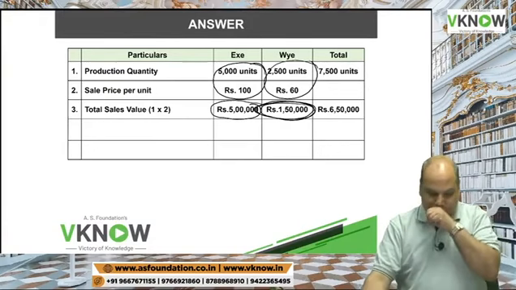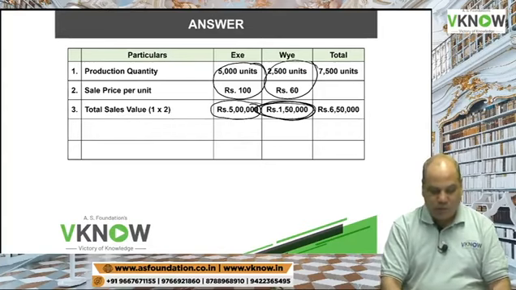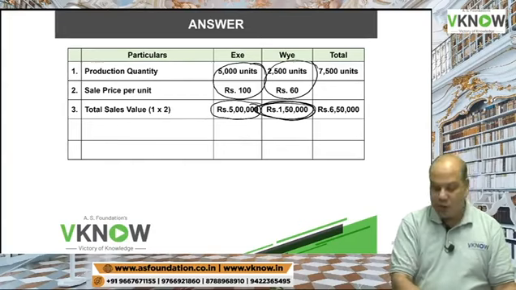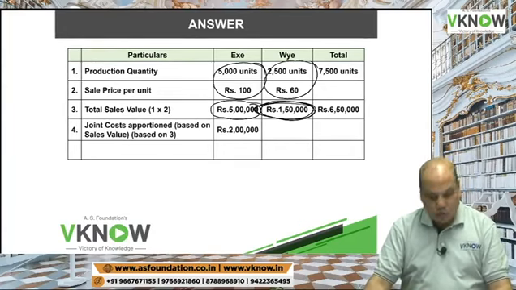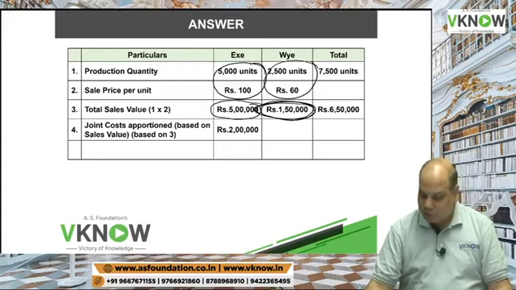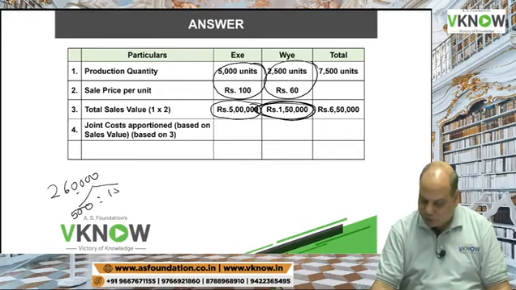So therefore, we will call it sales value at split off point. Now my total joint cost in this question is 2 lakh 60,000. Can you please apportion 2,60,000 in this ratio of 500 is to 150?